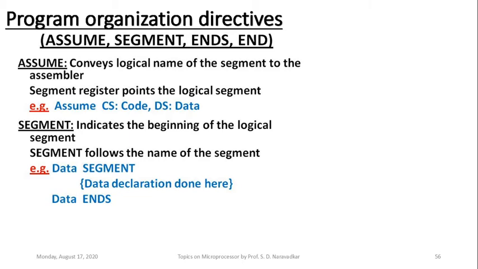So whatever is defined between SEGMENT and end of segment is nothing but the data declaration. For any particular application, whatever data you want to declare will be in between SEGMENT and ENDS here. Of course, this is under the assumption that this is the data segment.